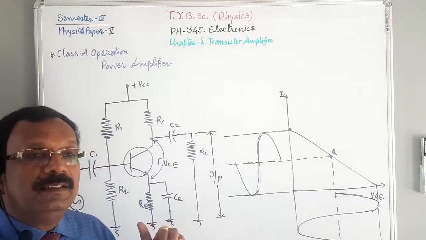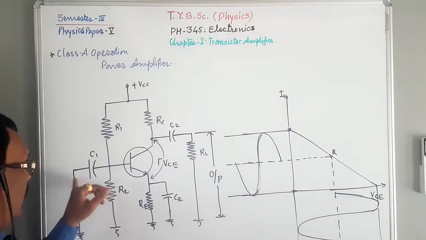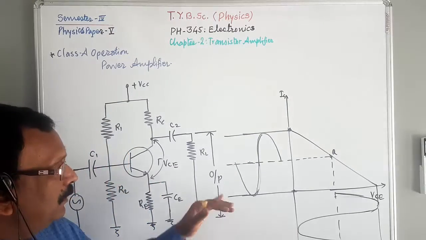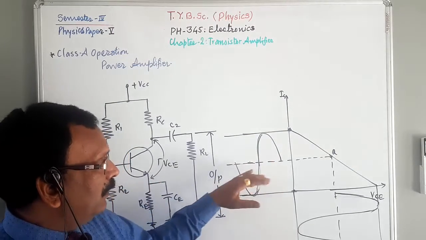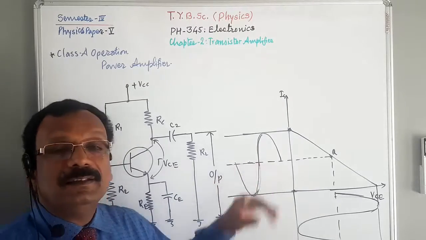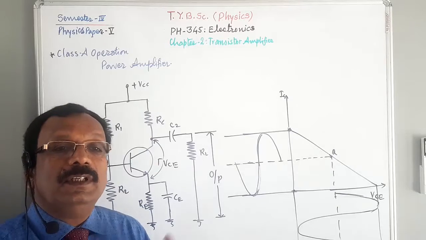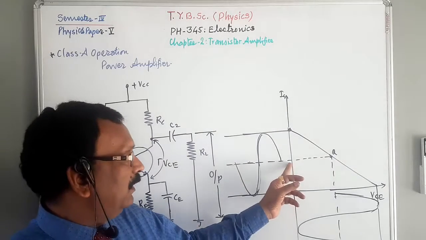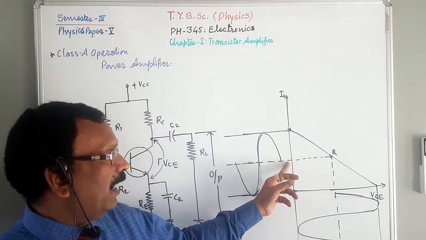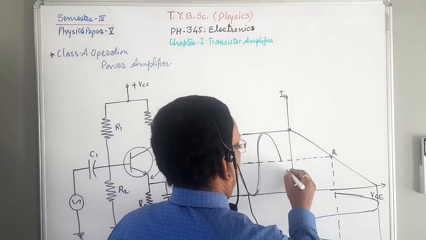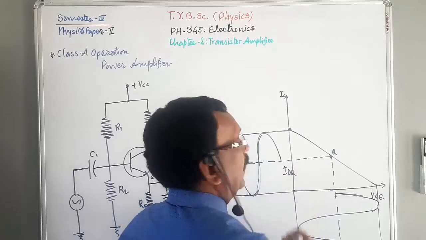The base current changes sinusoidally, because this is a sine wave, below and above the quiescent base current IBQ.